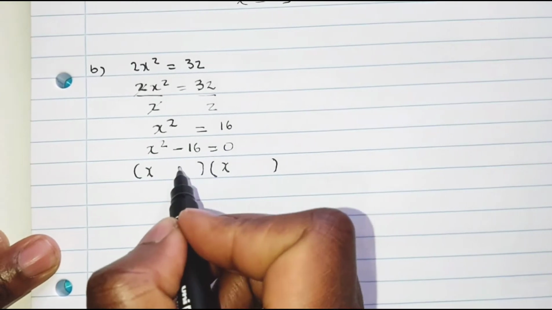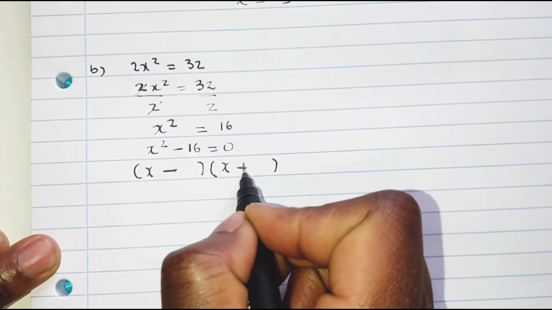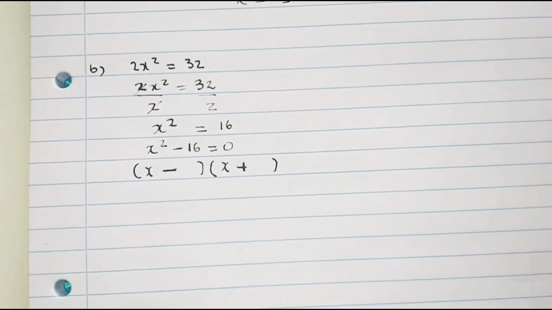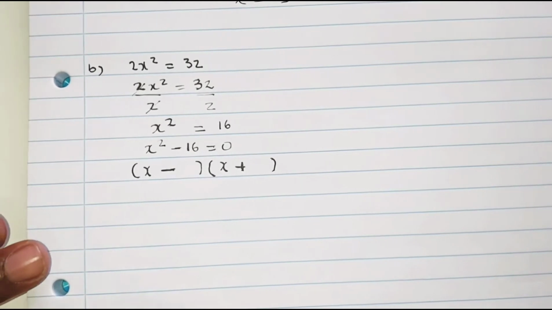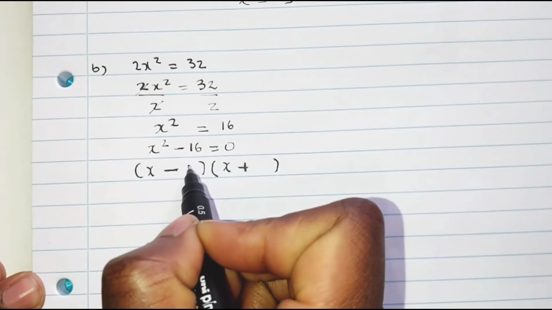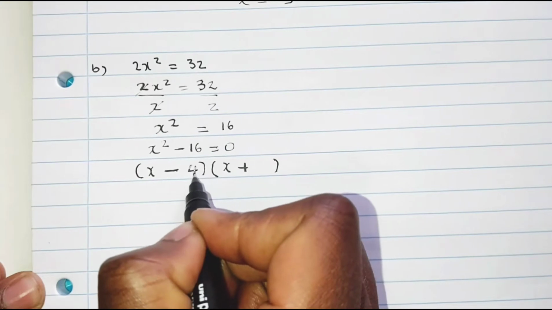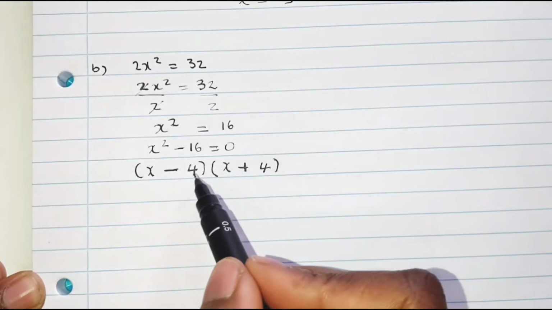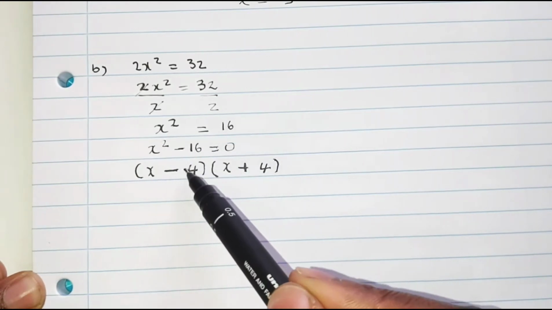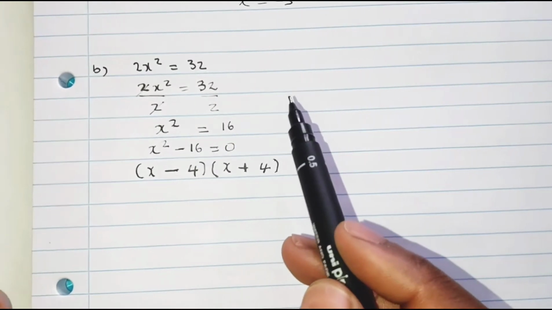One is going to be negative and the other positive, because we are working with the difference of two squares. Now we write the factors, the product of 16, which is 4 and 4. When you multiply 4 by 4, it gives you 16.